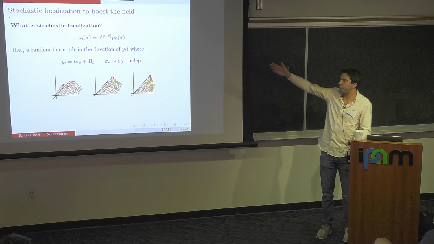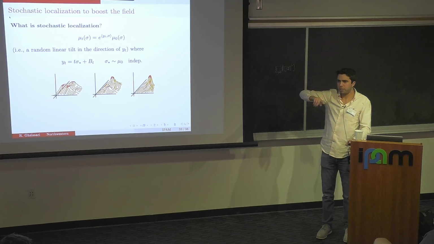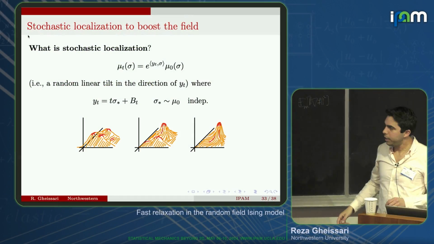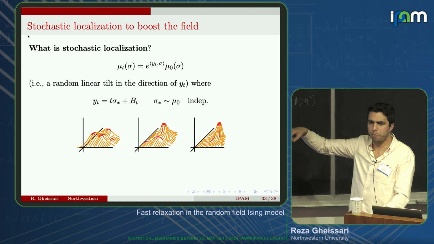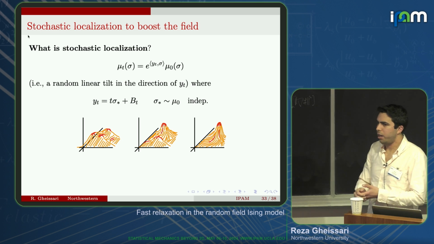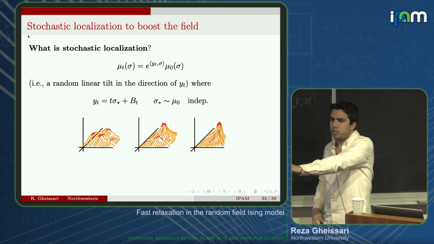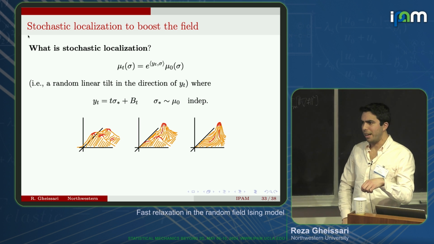So I'm going to add a random external field. And where's that random external field going to point? It's going to point in t times some sigma star, which is a sample from the Ising distribution itself, plus a stochastic part that makes it a random tilt. But if you think about this as t is going to infinity, the field is just pointing you towards a single sample from the Ising measure.